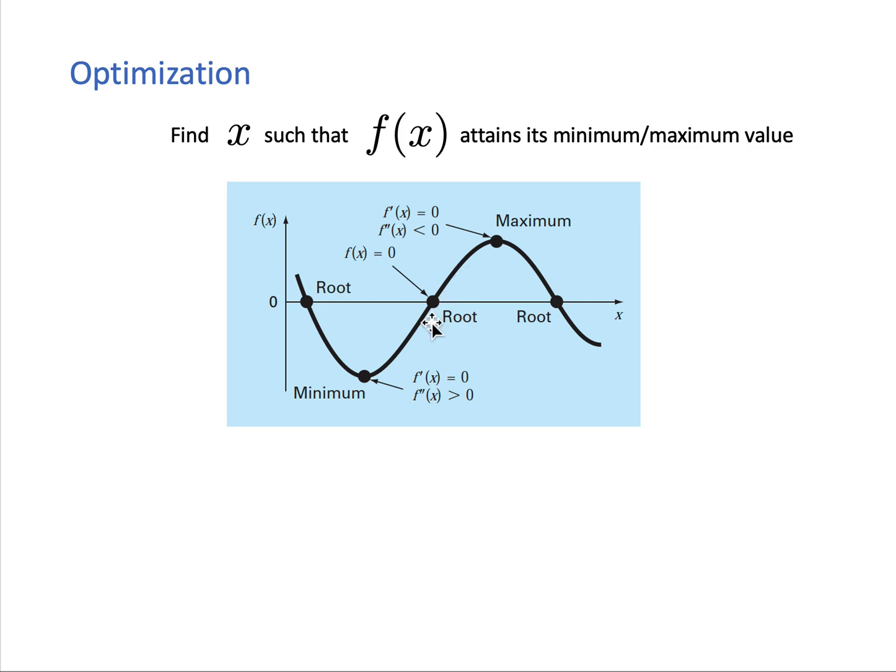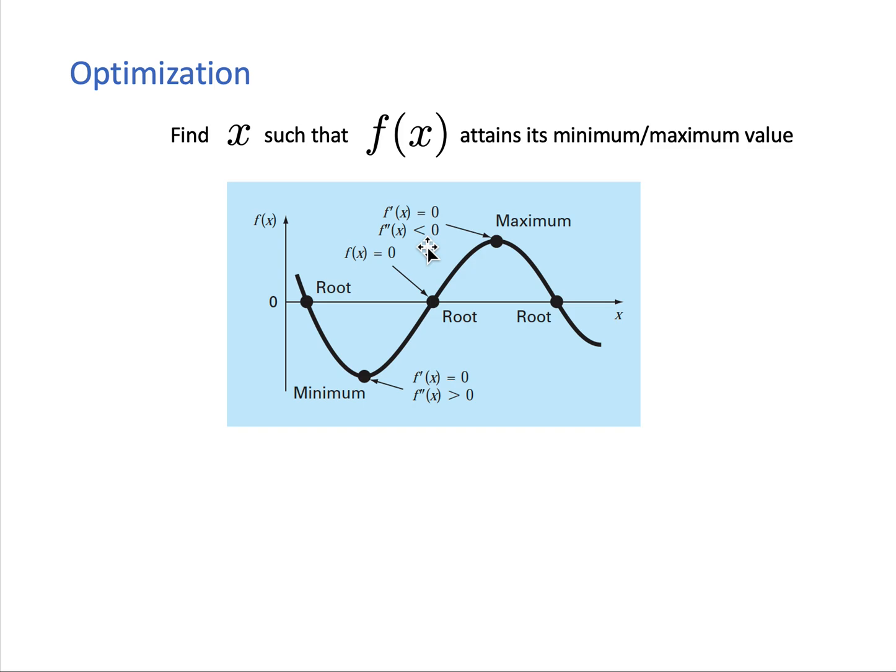Right, and so here we have a minimum of this function, and here's a maximum of the function. And that's different from the roots of the functions that we just talked about a few other times. So how do we decide whether a point is a minimum or a maximum? Well, we look at the second derivative of the function at that point. The second derivative implies curvature, as we all know from calculus.